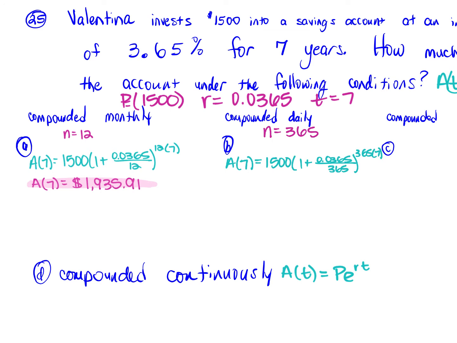So again, we're just going to use our calculator with this. Round to the second decimal place. So 1500 times 1 plus 0.0365 over 365 raised to the power of 7 times 365. Round to the second decimal place, you get $1,936.64.